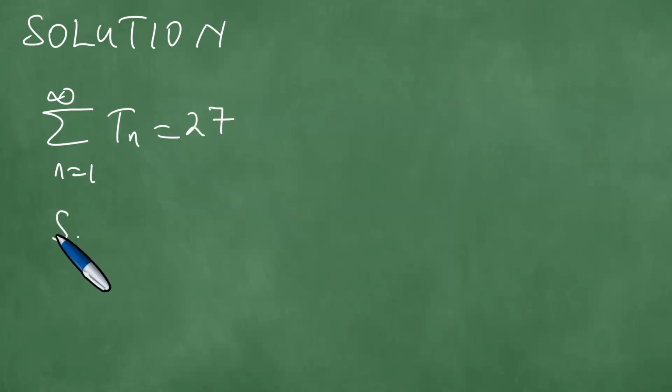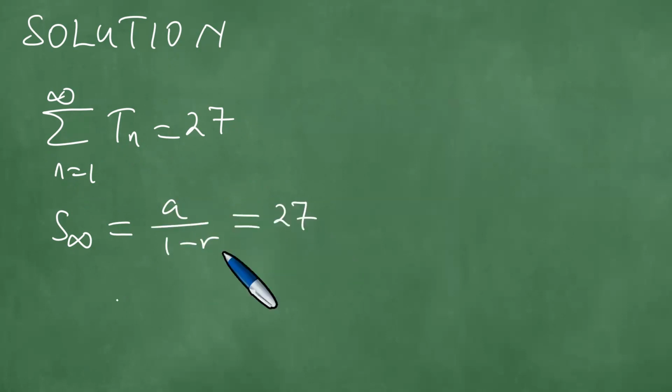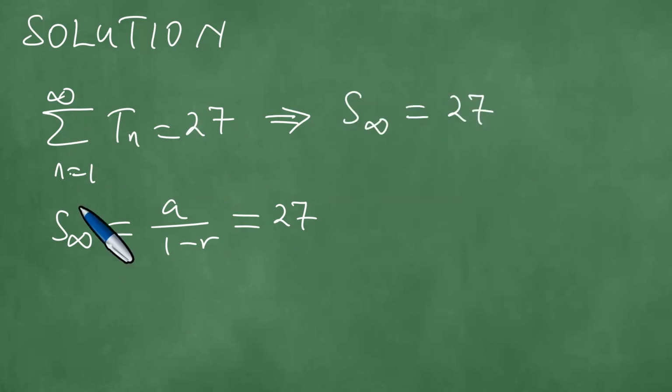This alone means that the sum to infinity equals 27. The fact that this is the infinite series that is 27 means S infinity is 27.